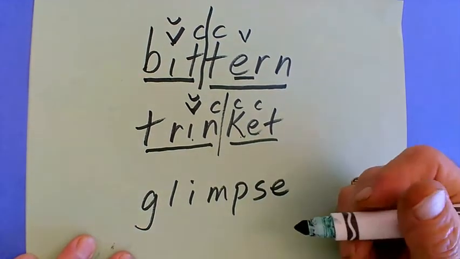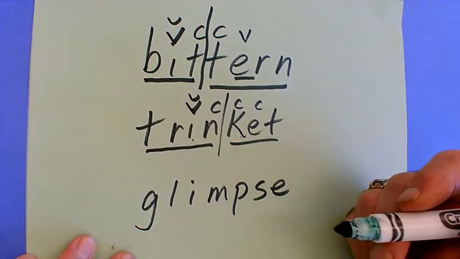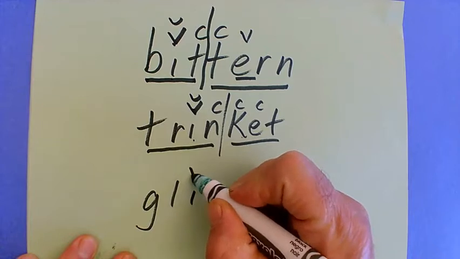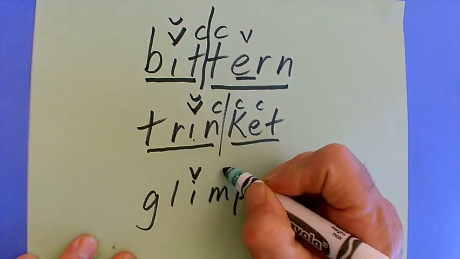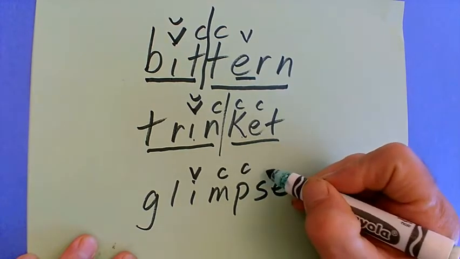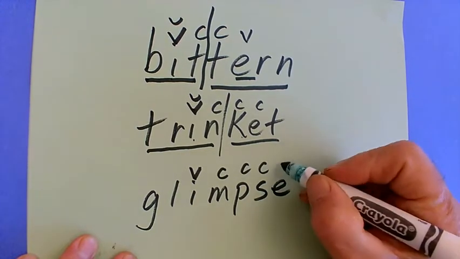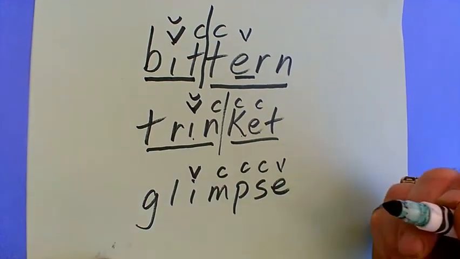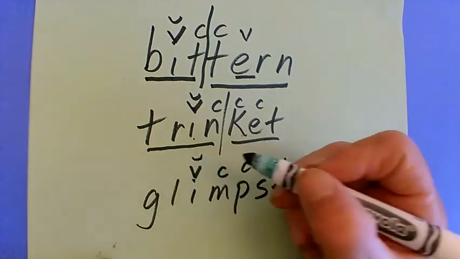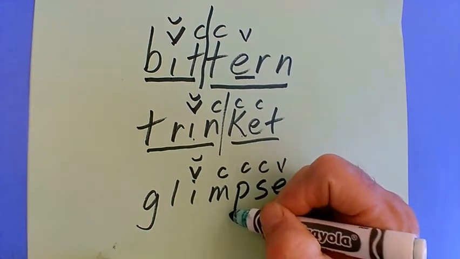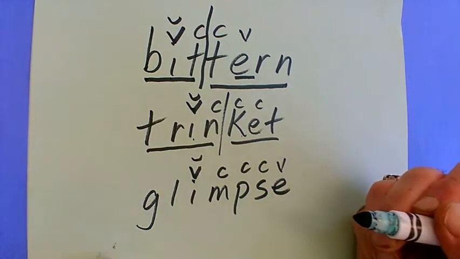And then we look at the last one. Let's see. What are we going to look for? Yeah, the vowels. And what's the pattern we see? So the I is the first vowel, and then we have a consonant, which is the M, and a consonant, which is the P, and another consonant, and a vowel. And so we know, what do we know about the I? Yep, it's going to be short, and we should divide it there after the first consonant, but you know what? We're not.